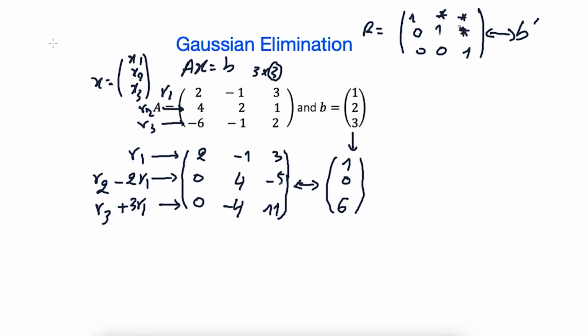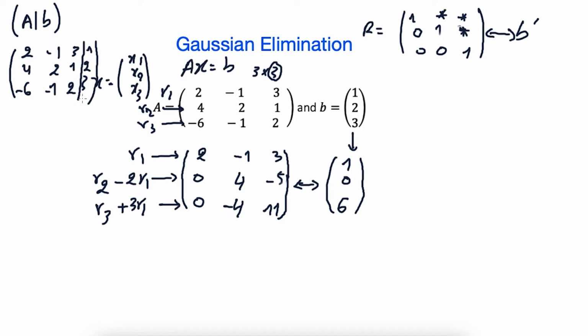Some people write this matrix like that, so A and B like that, to be sure that they don't forget any step here. So this will be 2, 4, minus 6, minus 1, 2, 1, or minus 1 here, same, so 3, 1, 2, and they write B here, so 1, 2, 3, and they call it the augmented matrix.